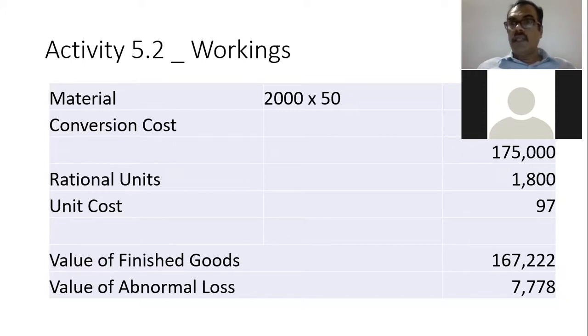It is 87.5. So now you can understand that if there were no normal losses, the cost of a unit could have gone down.